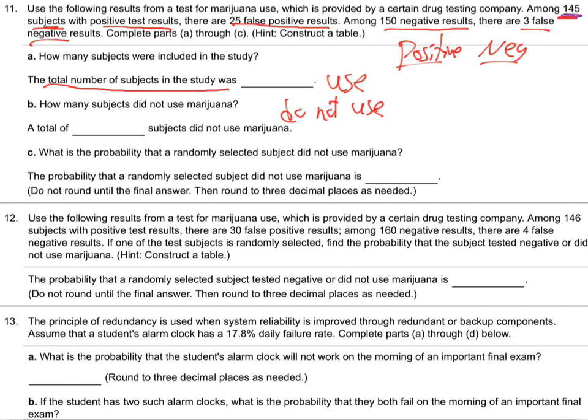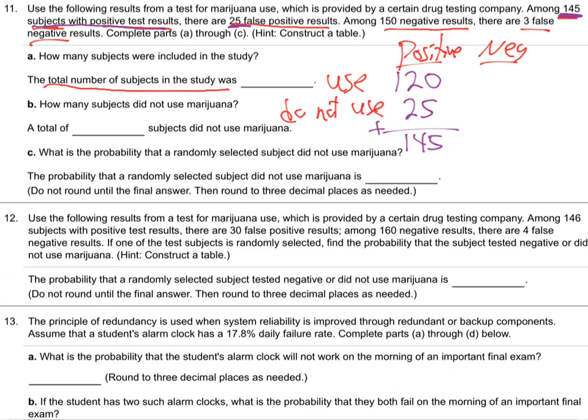It says 145 subjects were positive, but 25 were false. So I just put the 25 and 120. No, because the whole total is 145. Right, so that would be what the positive adds up to be.